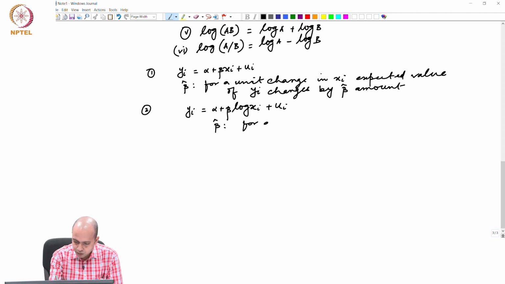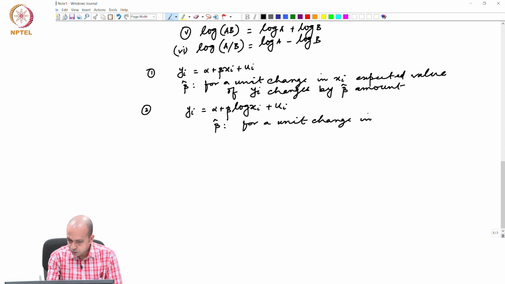For a unit change in, instead of xi, I am saying log xi, because my independent variable is now log xi.